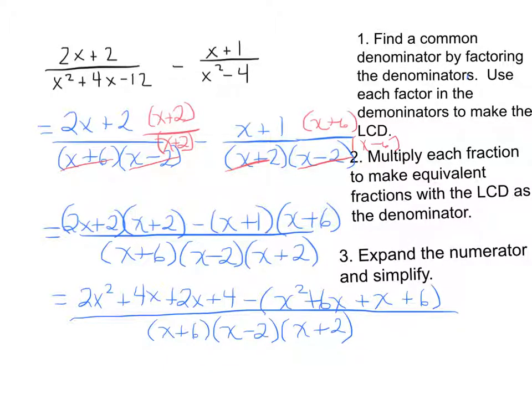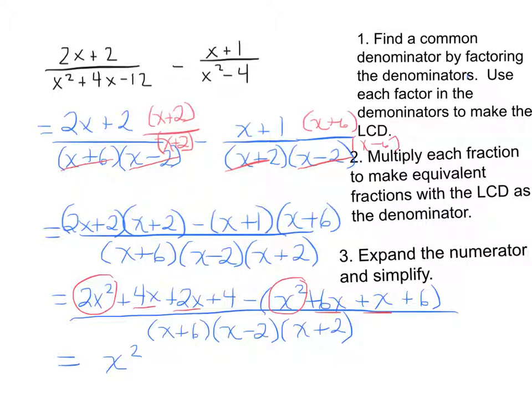Now I need to combine terms. So I have 2x squared minus x squared. So altogether that leaves me with x squared. And then I have 4x, 2x, minus 6x, and minus x.